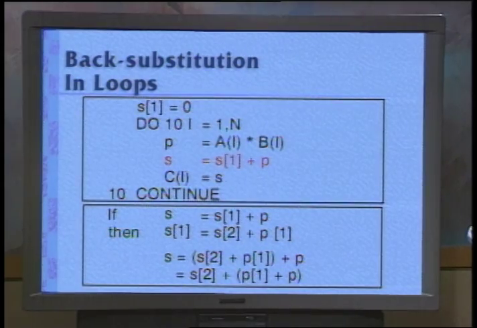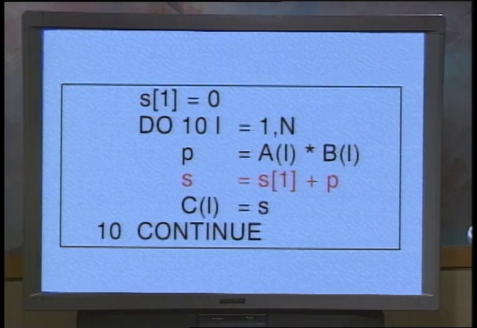Now, just as we can use algebraic transformations within acyclic code, we can do that within loops as well. And I won't go through the entire detail, but here's the situation. On each iteration of the loop, we are multiplying two terms and accumulating the product into this sum.